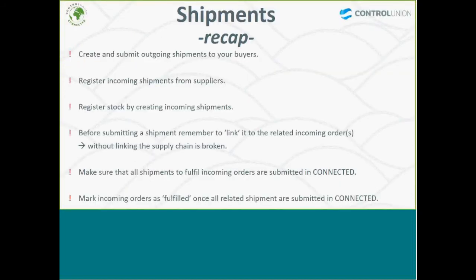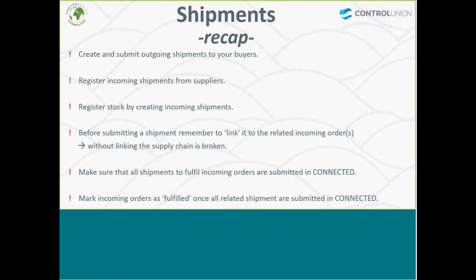So as a recap regarding the shipments functionality, the shipments section allows you to create and submit outgoing shipments to your buyers, allows you to register incoming shipments from suppliers, allows you to register stock by creating incoming shipments.